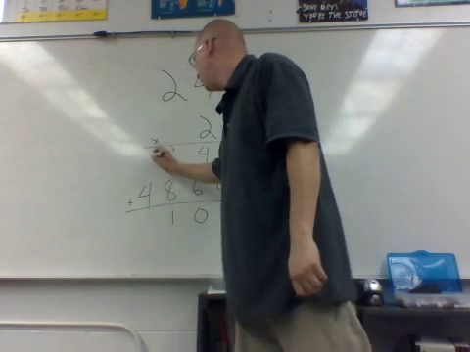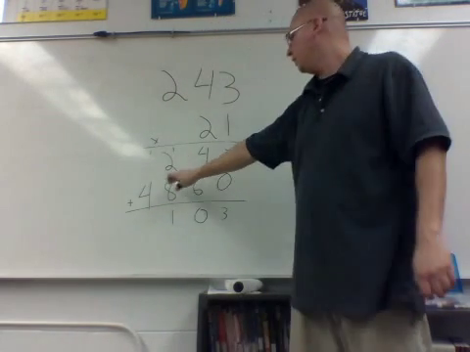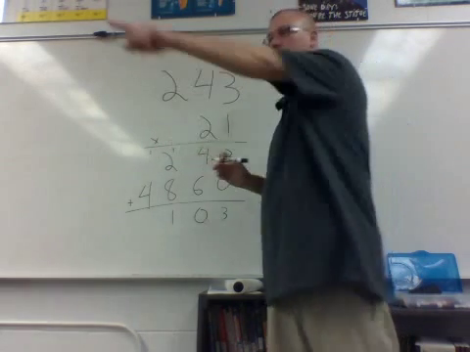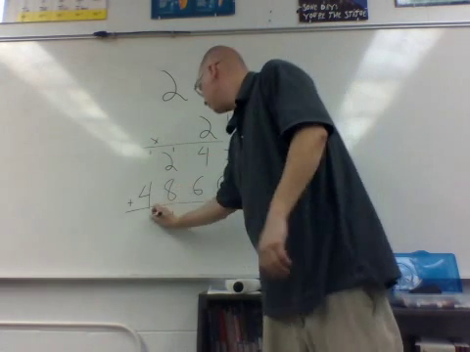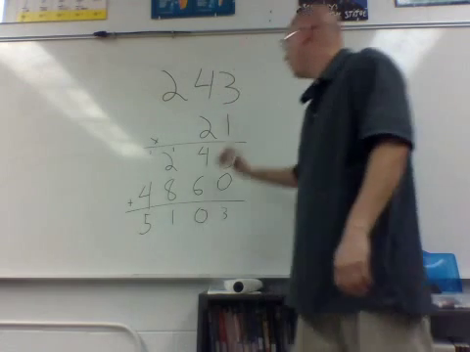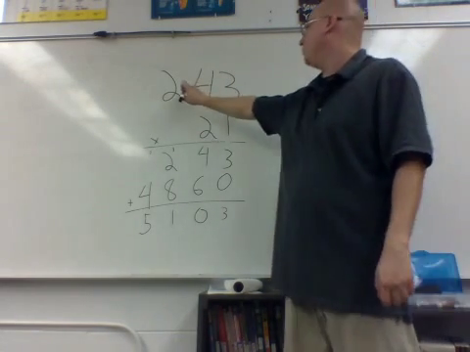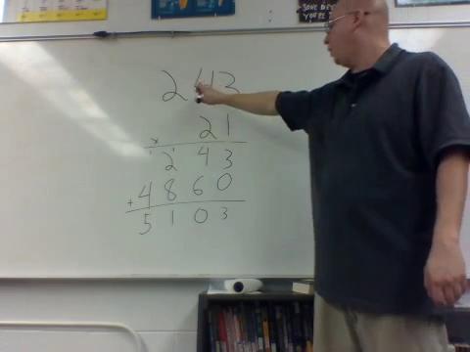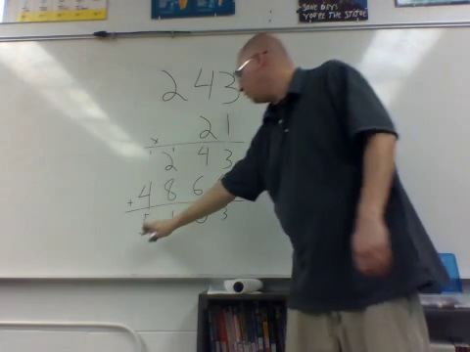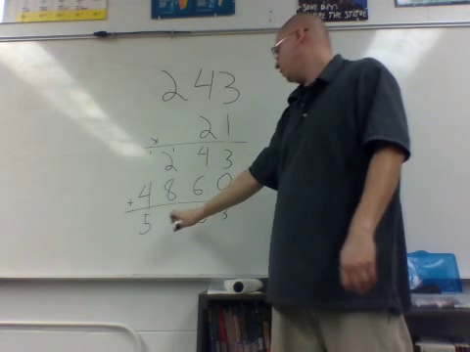Bring down my 1. Carry my 1. 4 plus 1 is 5. The answer to 21 times 243 is 5,103.